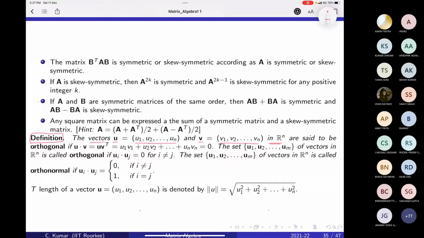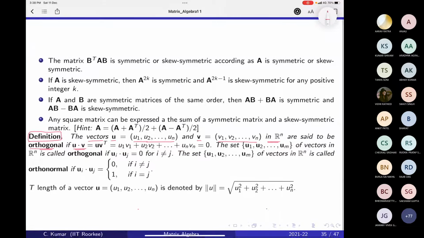These vectors are said to be orthogonal if the inner product of u and v, which is defined as u into v transpose, which is u1 into v1 plus u2 into v2, so on to un into vn, is equal to 0.